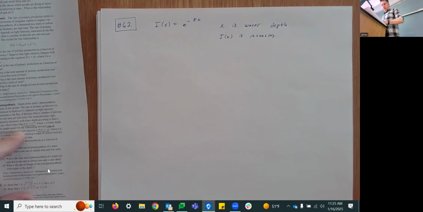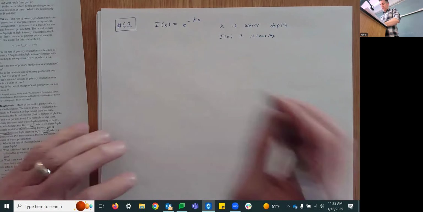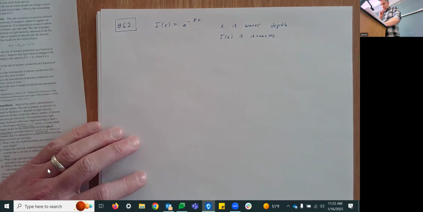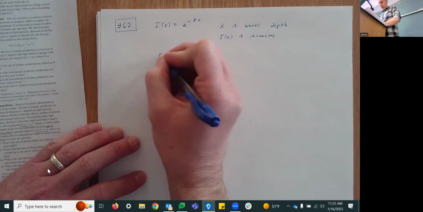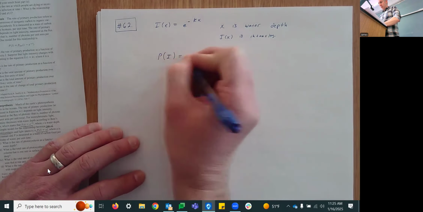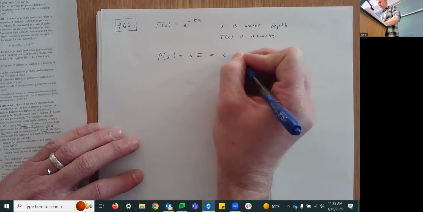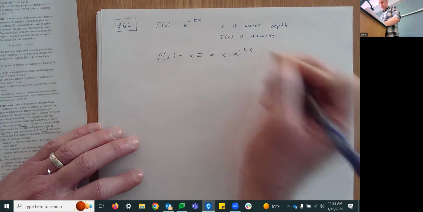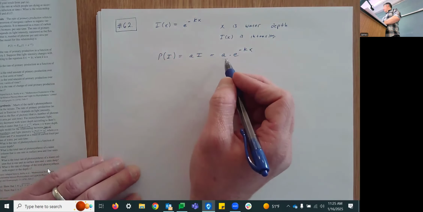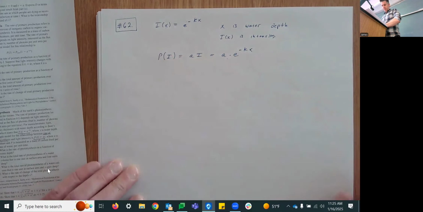A simple model for the relationship between the rate of photosynthesis and light intensity is that P of I is equal to A times I, which is A times e to the negative kx. They didn't write that last part, I'm just filling it in because we know what I is.